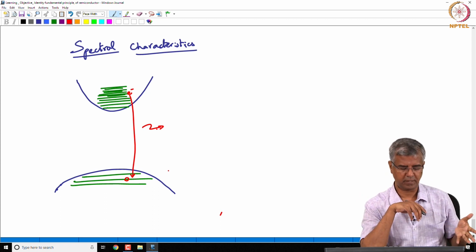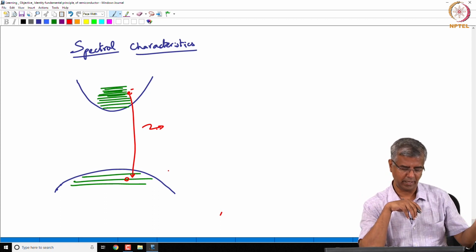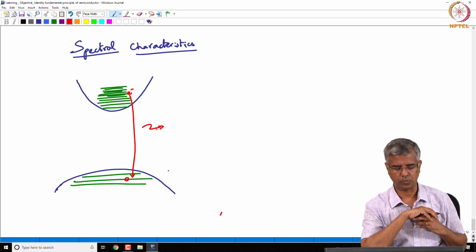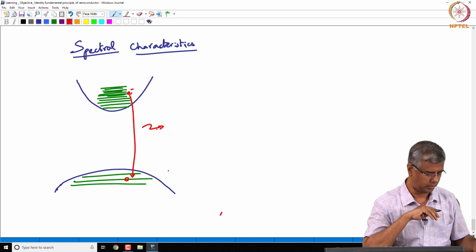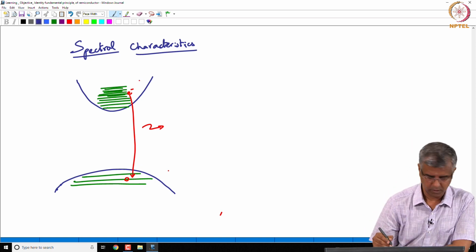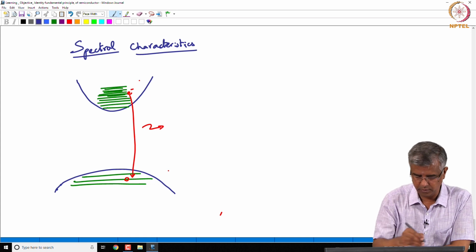Of course, the spectral characteristics are going to depend on where the electron is, where the hole is, and that corresponding energy is what is going to get emitted.